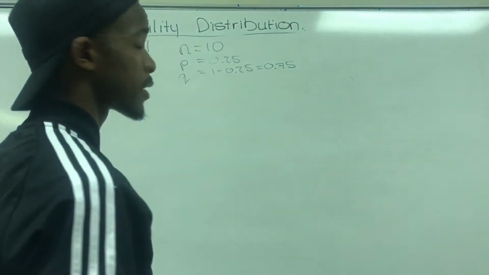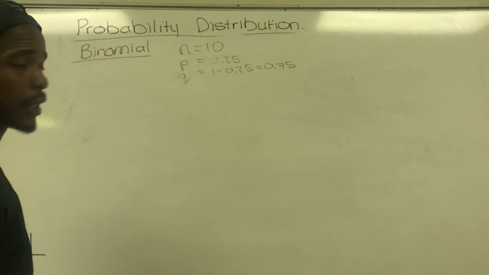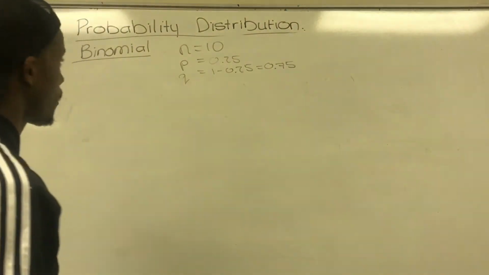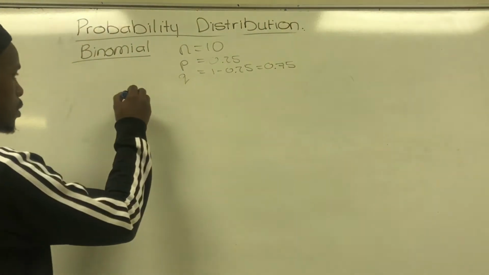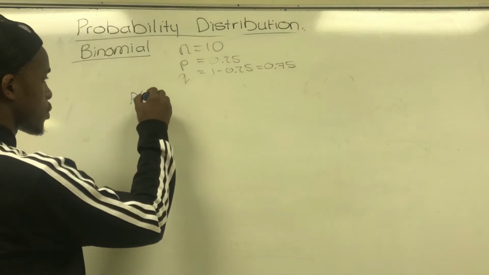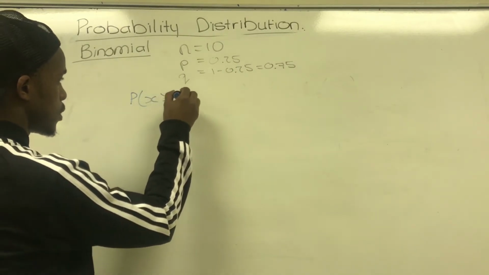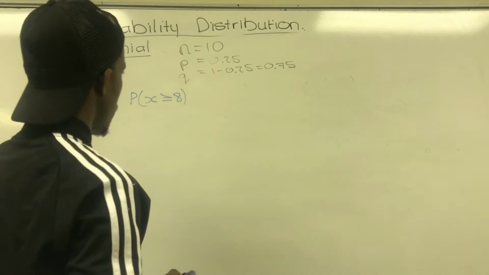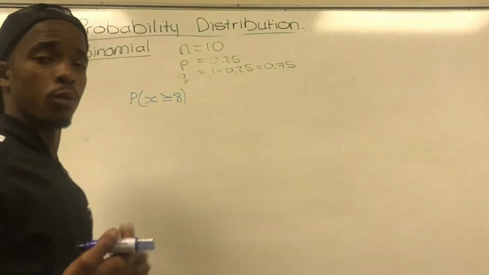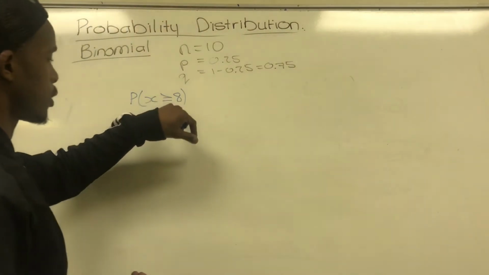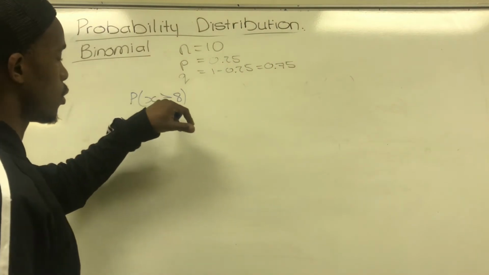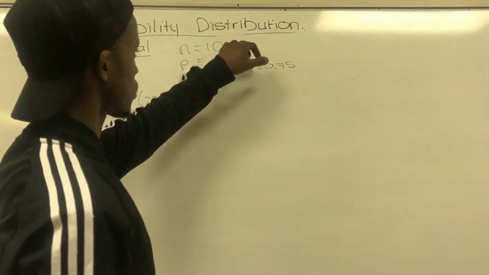Okay, in our second example, they're asking what's the probability that at least 8 are male. When presented with a problem like this, you know that at least means 8 or more. So x can equal 8, 9, or 10, because 10 is your largest number.